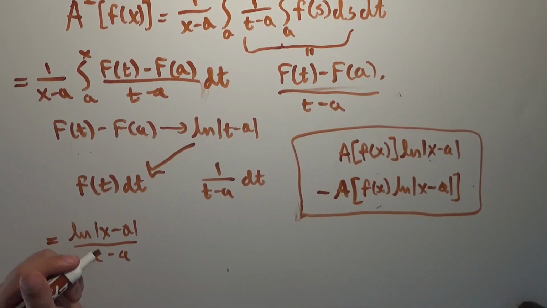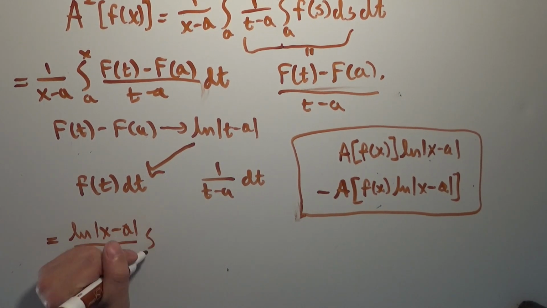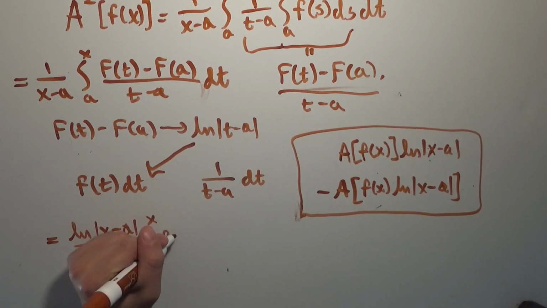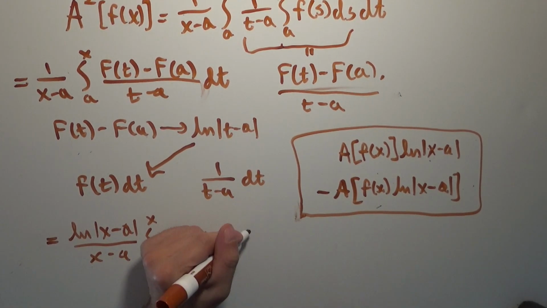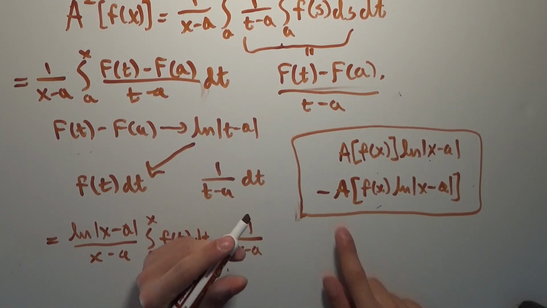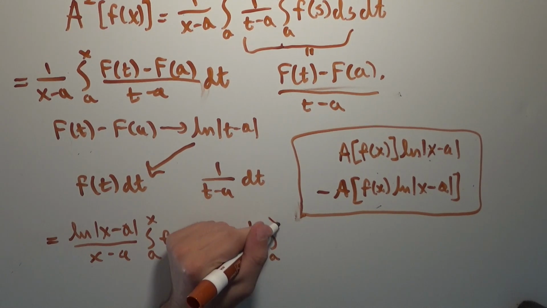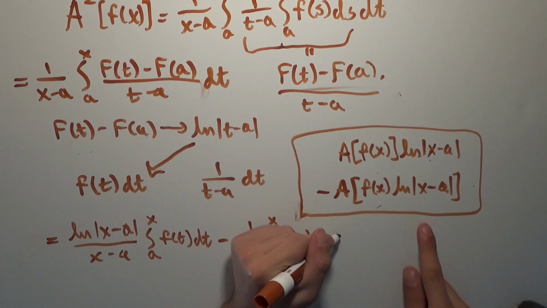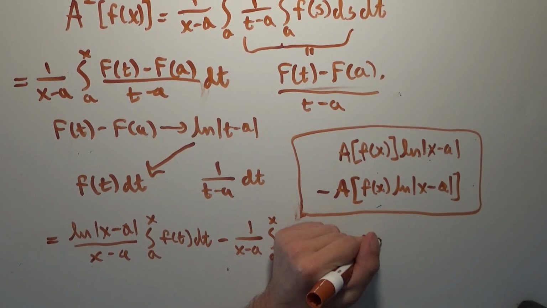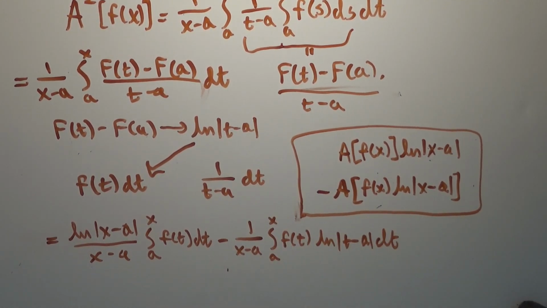Times the average of, well, so that's part of the average of f of x. So we have now the integral from little a to x of f of t dt. And then this is minus 1 over x minus a, because we're doing an average, times the integral from a to x of f of t, times the logarithm of the absolute value of t minus a dt. Just using the definition of what the mean operator is.